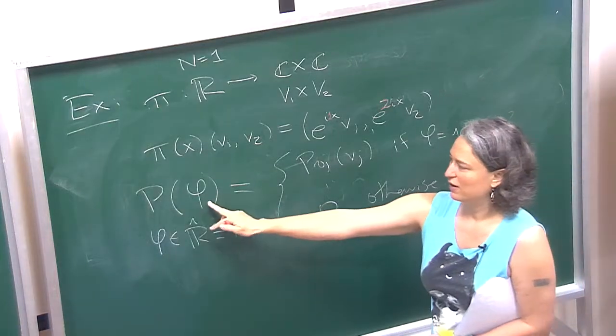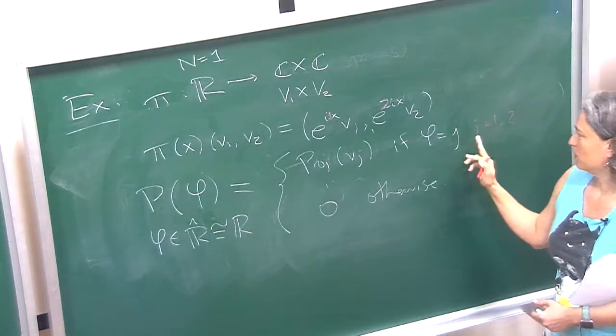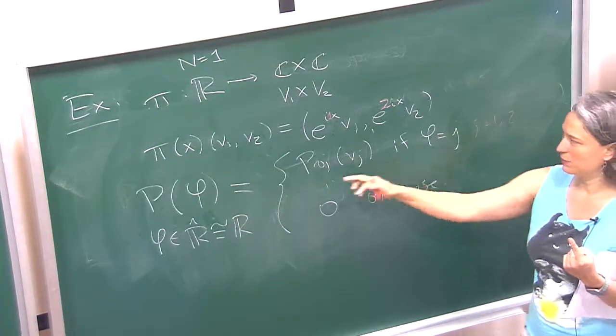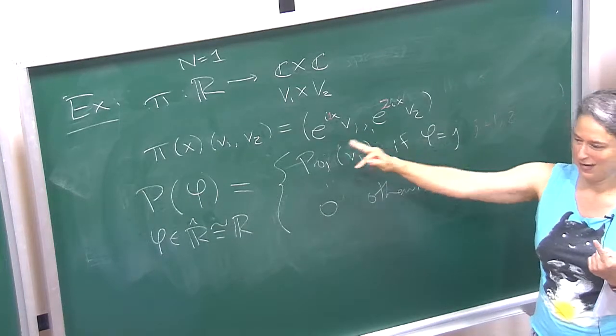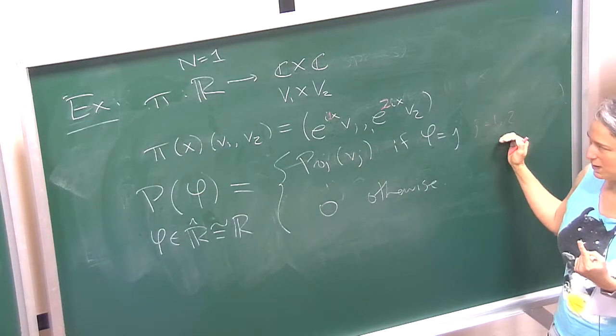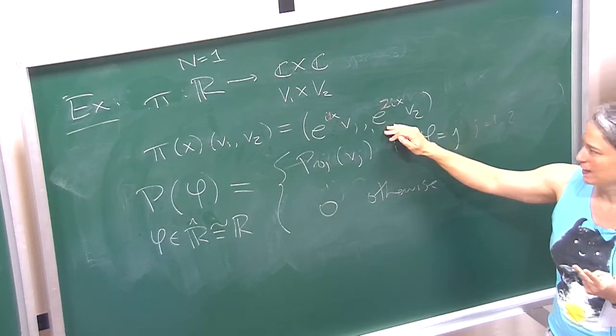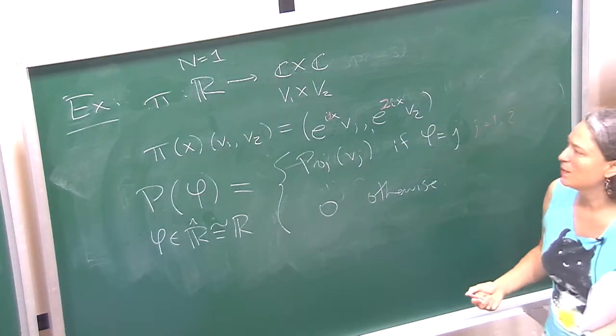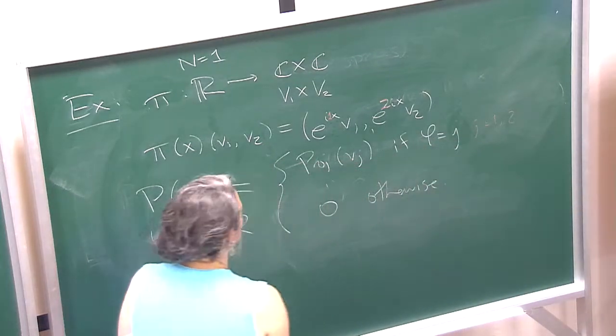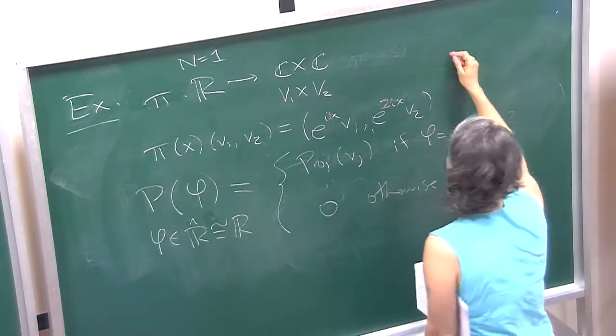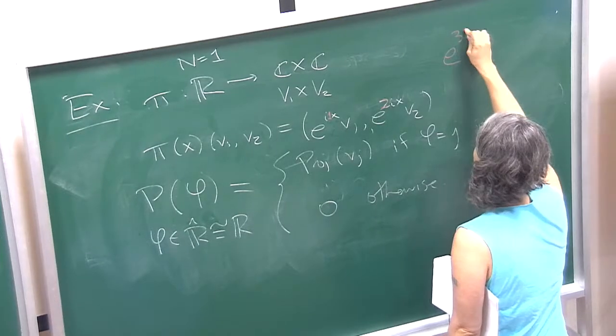So if my character corresponds to the number 1, I'm projecting to the first factor. And if my character corresponds to the number 2, I'm projecting to the second factor. Okay? And it's 0 otherwise. How many, quote unquote, copies of e to the 3ix?